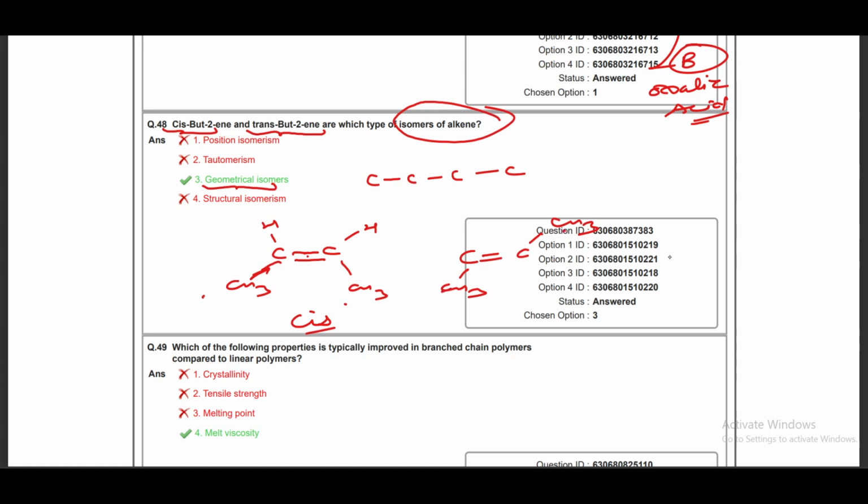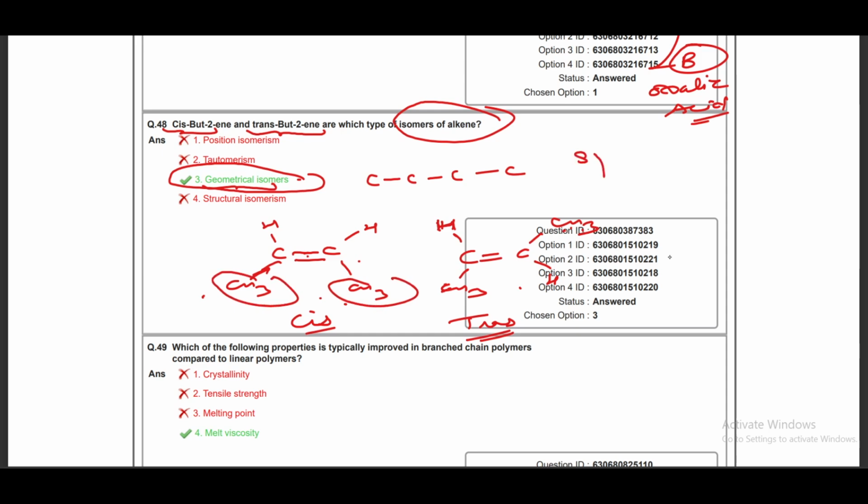Trans means substituents are on different sides. This is the cis form, this is the trans form, and the correct answer is both are geometrical isomers. Geometrical isomers means these isomers differ in the spatial arrangement of atoms or groups around the double bond.